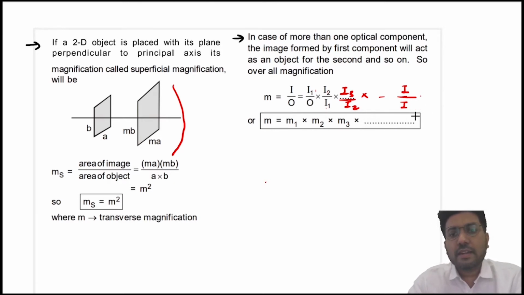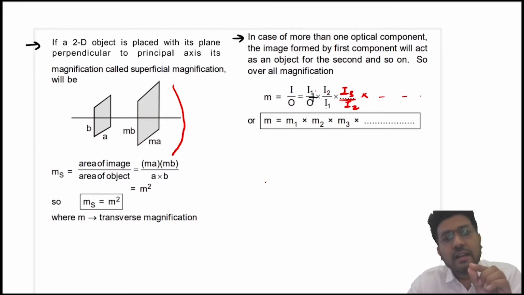Okay, so what I will write here, see, listen carefully. Why I have written like this? Because I1 is the size of first image, I2 is the size of second image, right? So size of first image by size of object is the magnification from first optical component. Then I2 by I1 is what? I2 is image from the second component and I1 is object for the second component.